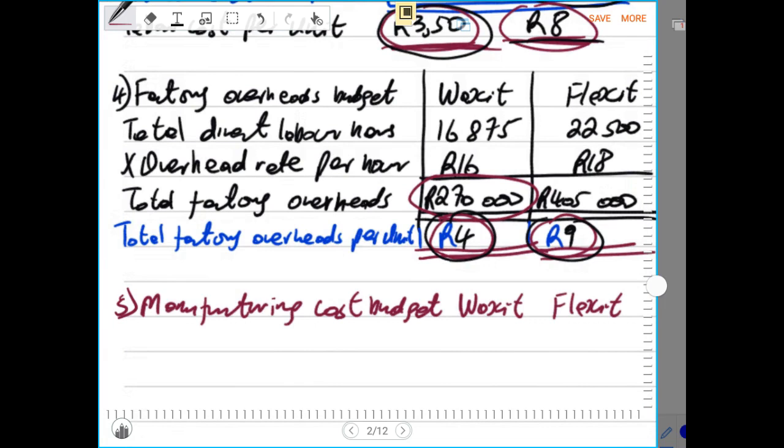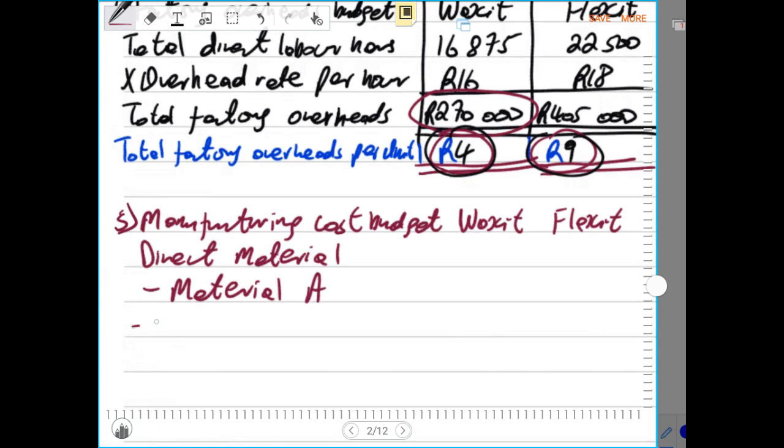And as I have mentioned, that budget, which is manufacturing cost, is made of direct material, direct labor, and manufacturing overheads. So in this case, we start with the direct material, and we know that we have two types of material: material A and material B. All these materials are needed for both the products that we have.